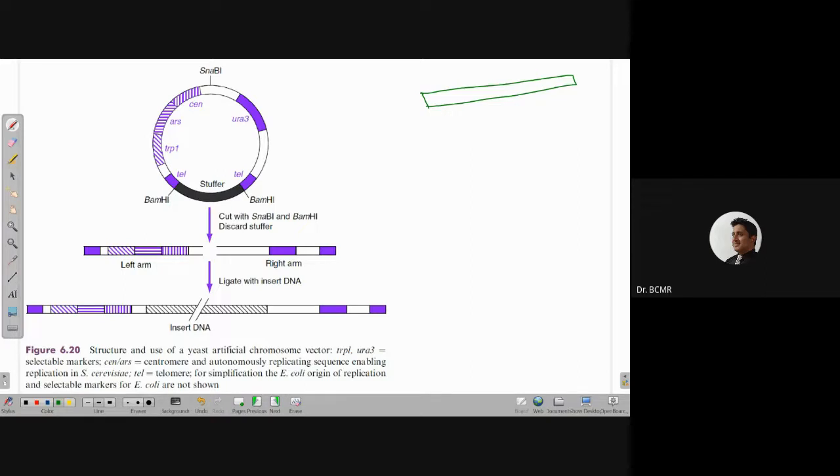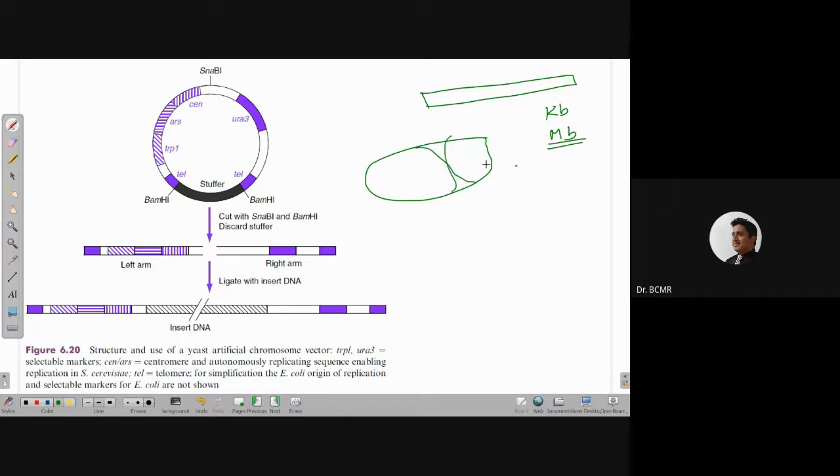What if we want to clone not kilobases, but very large sizes? In theory you can construct a very huge plasmid, right? Even if we construct it as a cosmid and put it into the bacterium, there are stability issues.